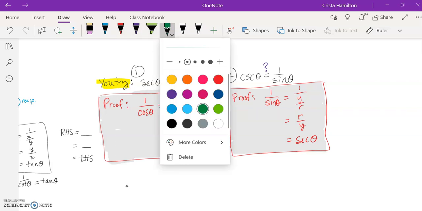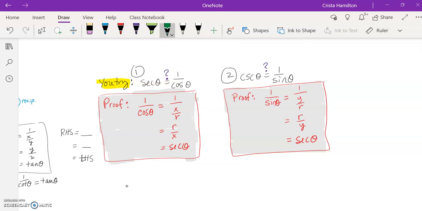Students have a tendency when they come in here to keep going 1 over cosine theta, 1 over cosine theta. It's not necessarily wrong to do that, it's just completely unnecessary. You don't need to write this right-hand side each time you go down.